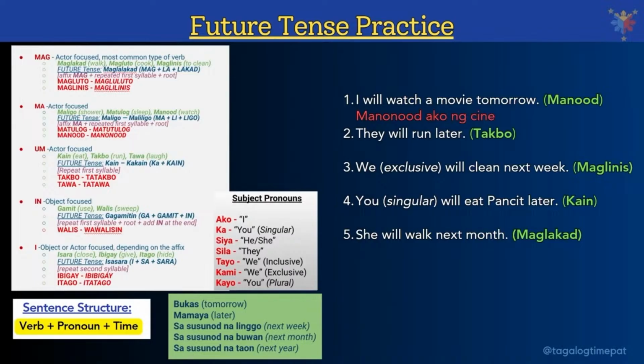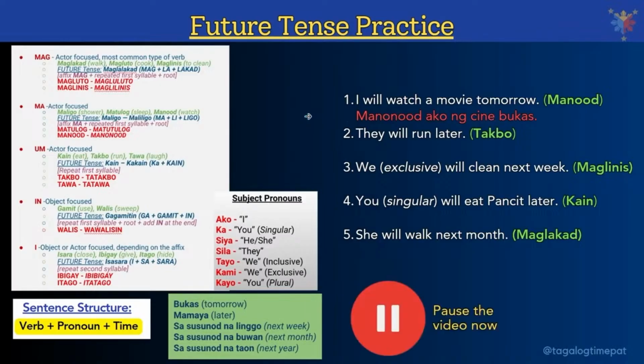Ng sine, a movie. Bukas means tomorrow. Manonood ako ng sine bukas. I will watch a movie tomorrow. Again, if you're going to add an object, it would just go right before time. So you give it a try. You can pause the video now if you need. Do numbers 2 through 5 and we'll go over them in just a bit.